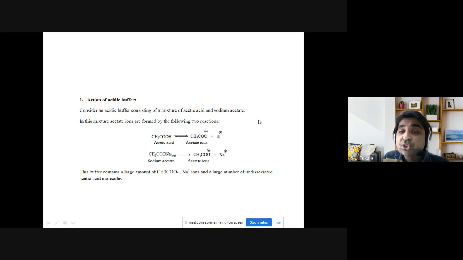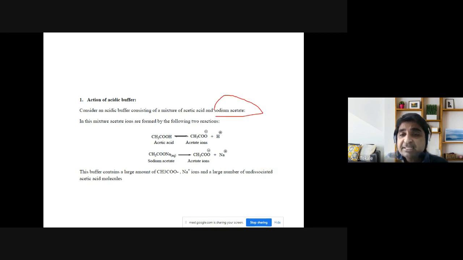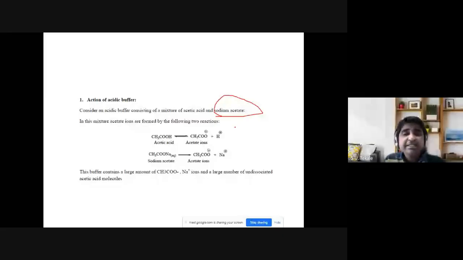But sodium acetate is a salt, and we know that salts are near about 100% dissociated when they are dissolved. As the name indicates, an acidic buffer is an equimolar amount of weak acid and its salt with a strong base, so let us take the example of acetic acid and sodium acetate.